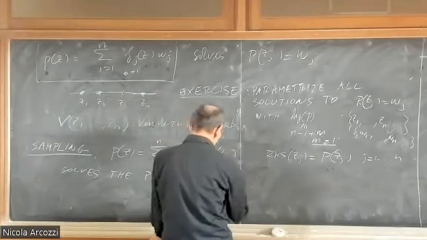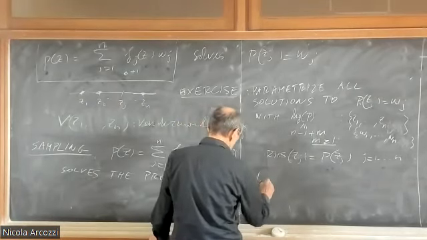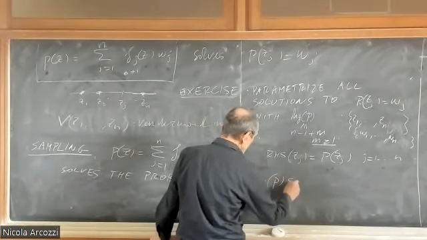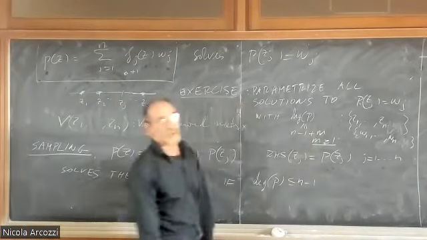Sampling, I put the restriction that the degree of P is less or equal than n minus 1.